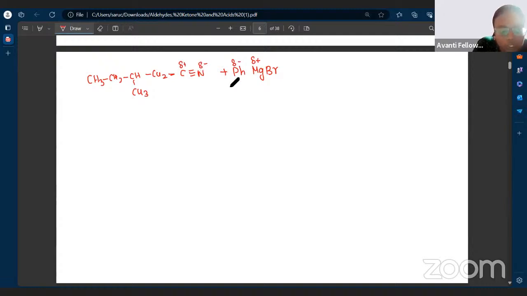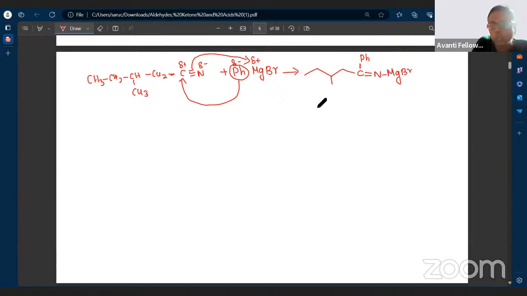So the Ph, being negatively charged, will come to the positively charged carbon and the nitrogen will take up MgBr. Now write the reaction: CH3CH2CH(CH3)CH2C, with the phenyl group attached to this carbon, and a double bond to N. Here nitrogen takes up MgBr. This is what you got.